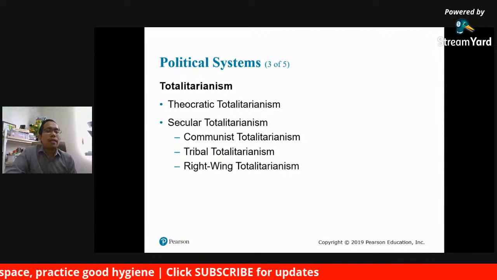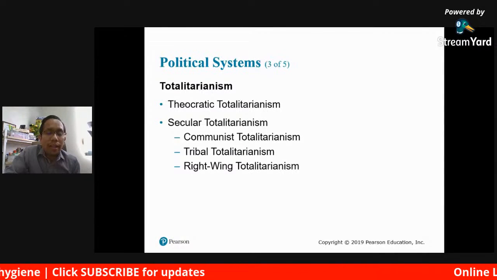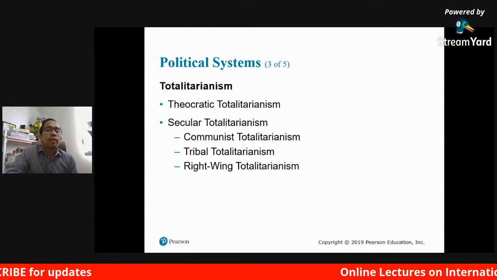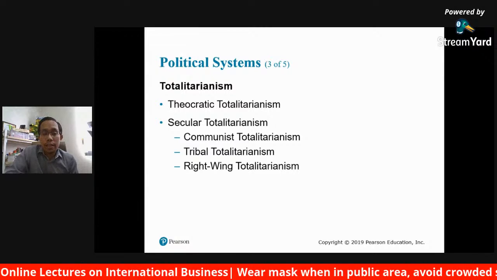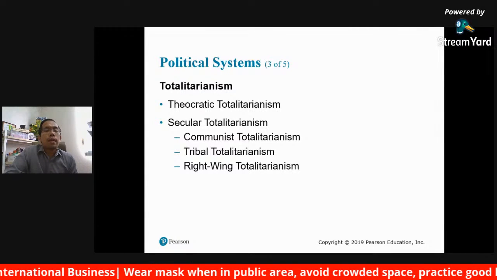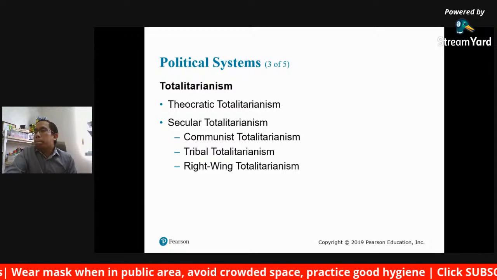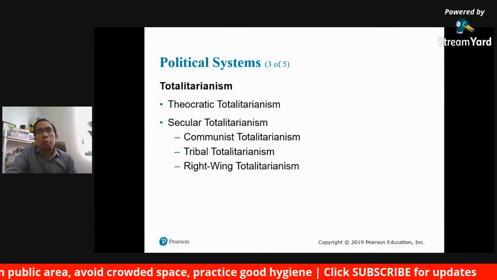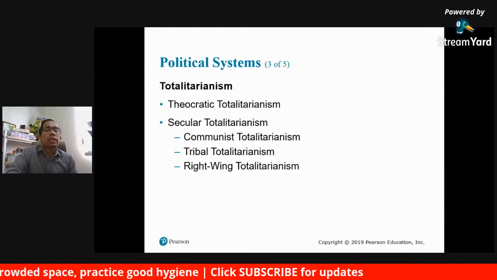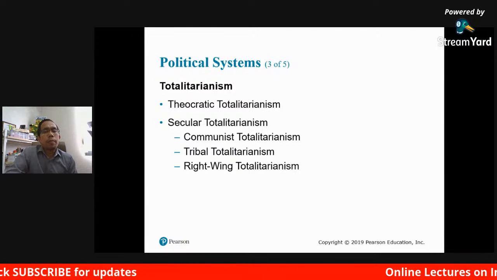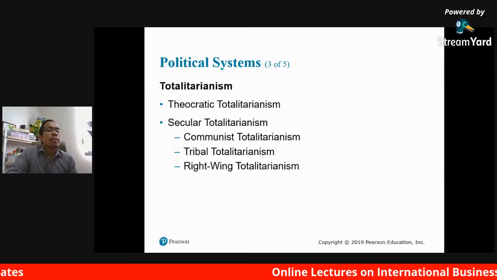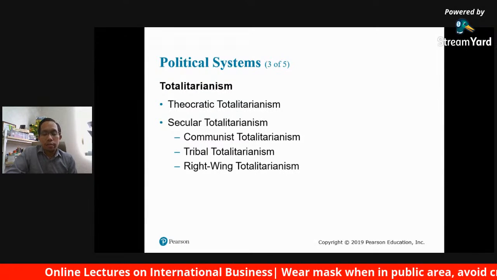From the word theocratic, it indicates the leaders were religious leaders, and every single move or law passed in the government is based on religious thought.